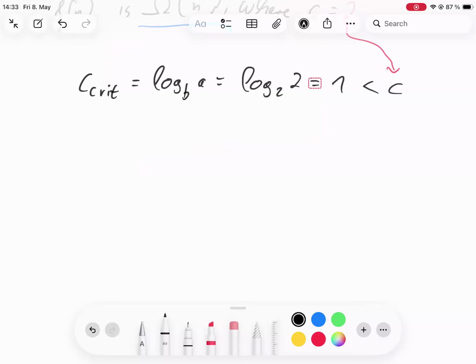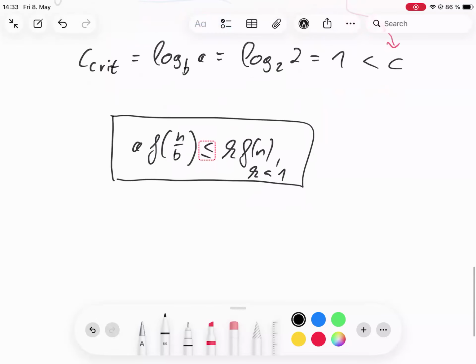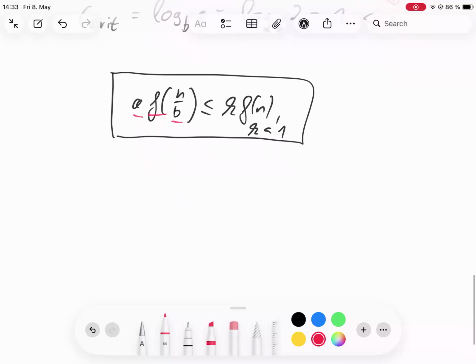Because remember, and I'll just write this down again, the master theorem demands that a times f of n divided by b must be less than or equal to k times f of n for k less than 1. And we need to see if we can find such a k here. We know a, we know b, and we know f. We can plug in f because f is just n squared.